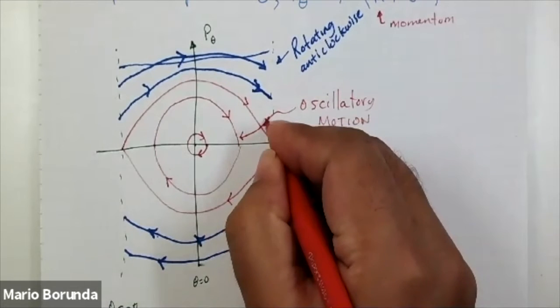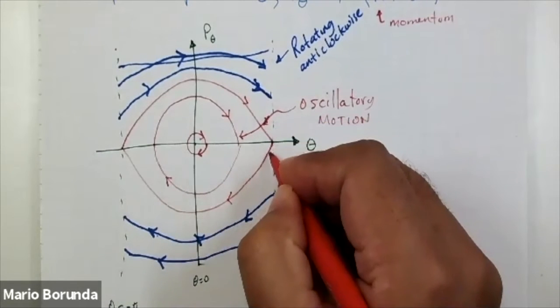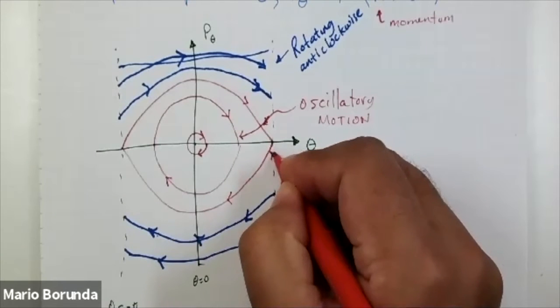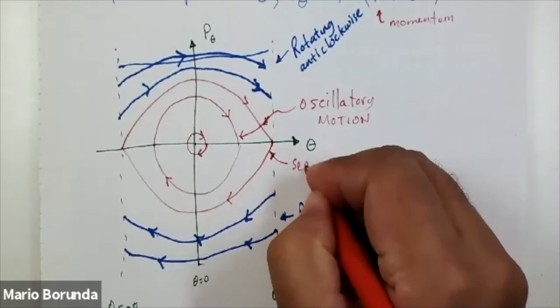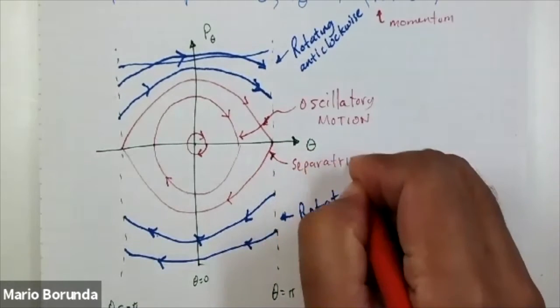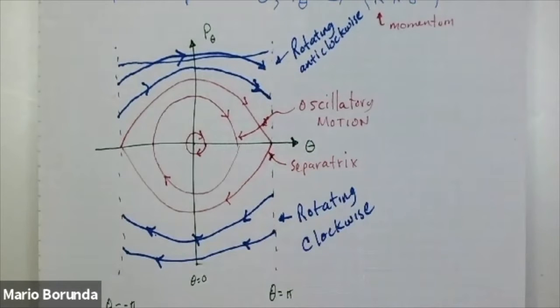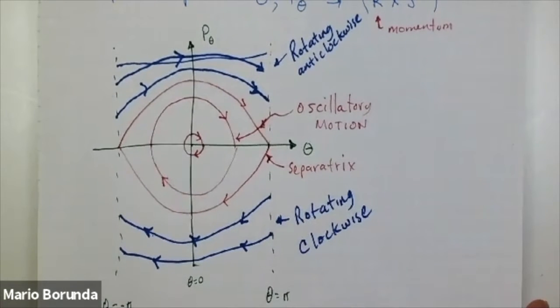And this one right here is also oscillatory motion, right? But also this one, just that line, is called the separatrix. It starts upright, falls, and then just makes it back up to upright. So that's the curving phase space of the pendulum. Questions? Anything that's not clear?